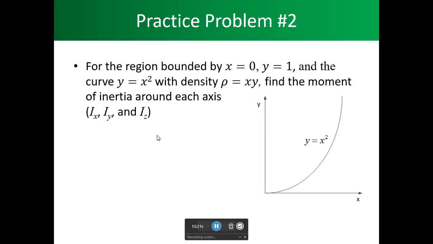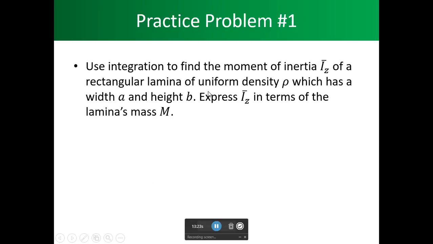Just want to go back one. Okay, here it's asking us to find the moment of inertia around a rectangle with uniform density, which has a width of a and b. Express I sub z in terms of the lamina mass.